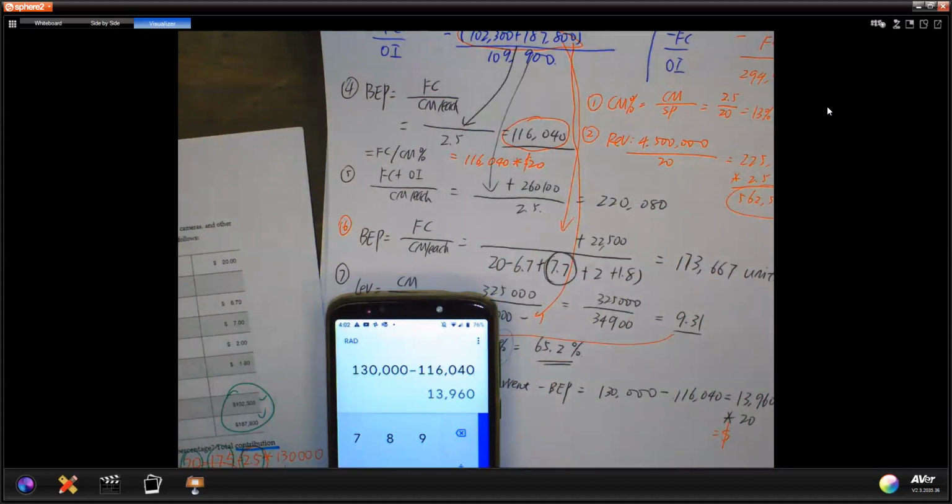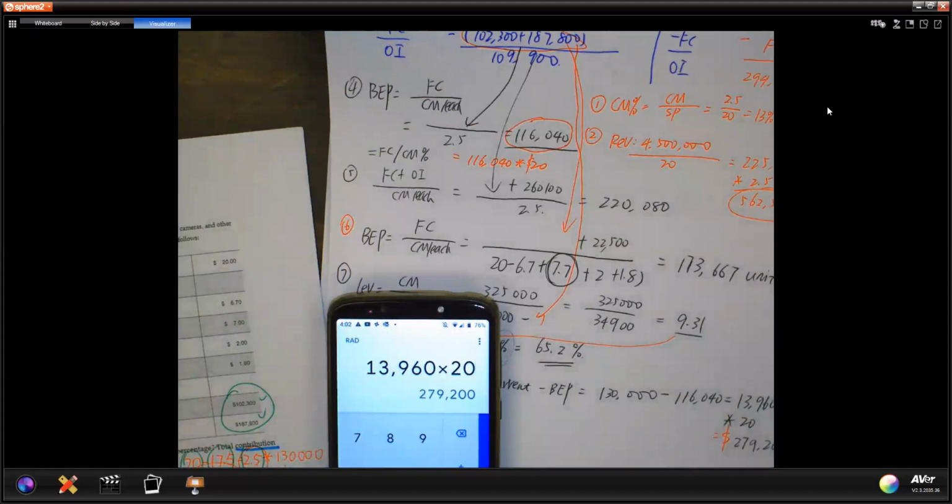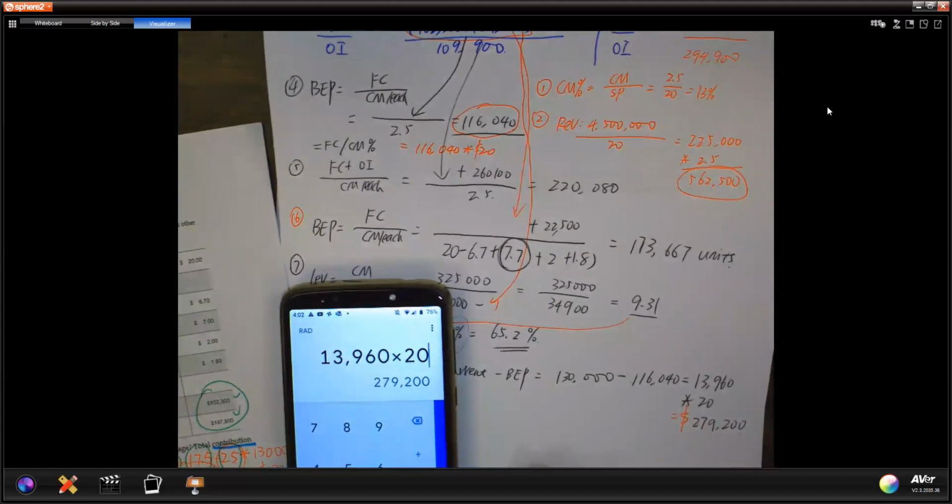Okay, so you got this times 20, you get 279,200 as your margin of safety in dollar amount.